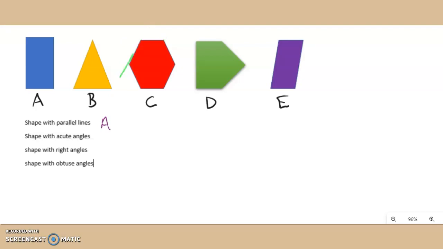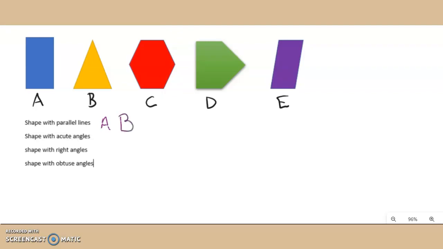But if I look at this line and this line, they'll never touch. They run side by side. This line and this line are opposite. They're parallel. They will never touch. This line and this line are parallel. But if I take them right beside each other, they are intersecting. So C has parallel lines.